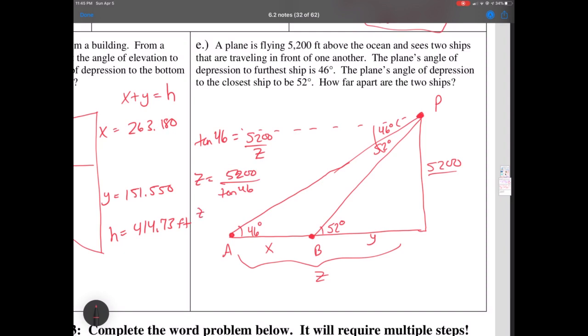So z equals 5,021.582. So now we're going to find y. So we have the tangent of 52 equals 5,200 over y. So y equals 5,200 over tangent of 52.